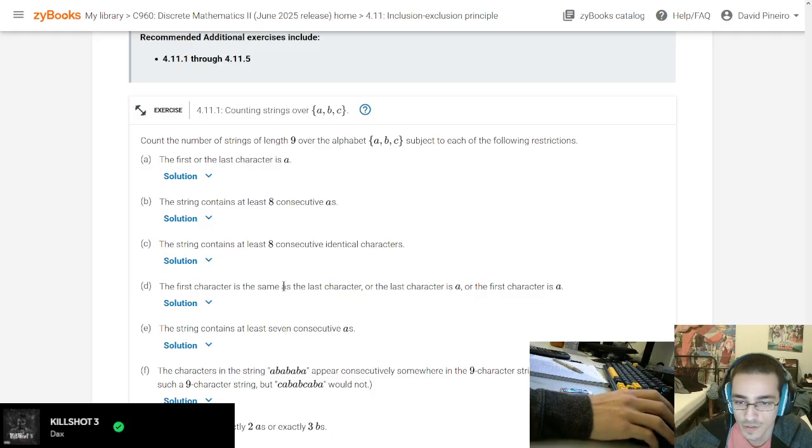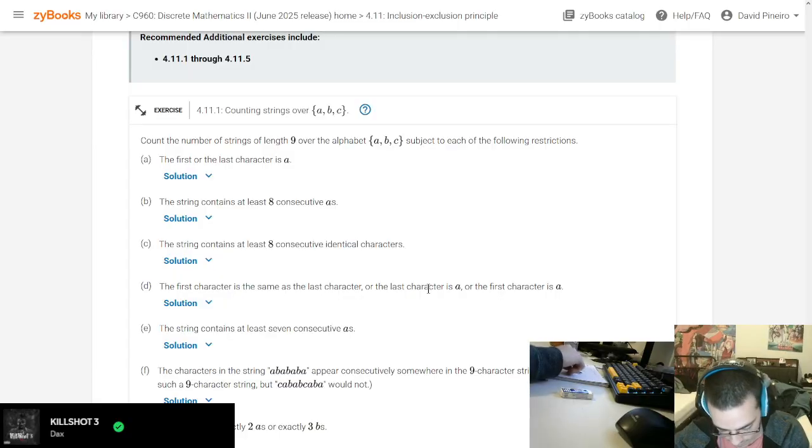Because now you know that the first character is going to be A, because they're telling you that the last character is A. So now you just pick everything in between, right? Is that how that worked? 3 to the 7th, I think. Right? And this is going to be the same for the other same and intersection thing.